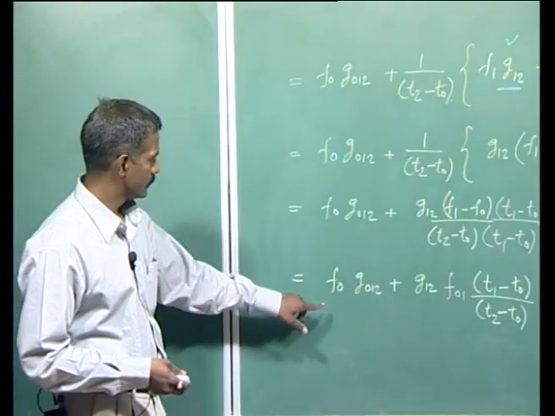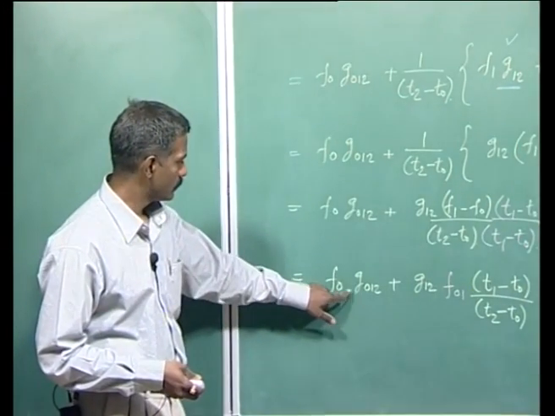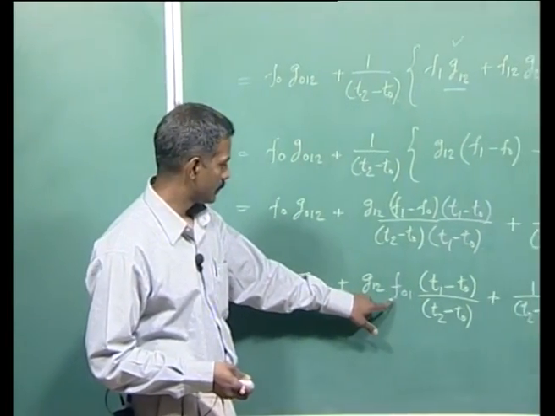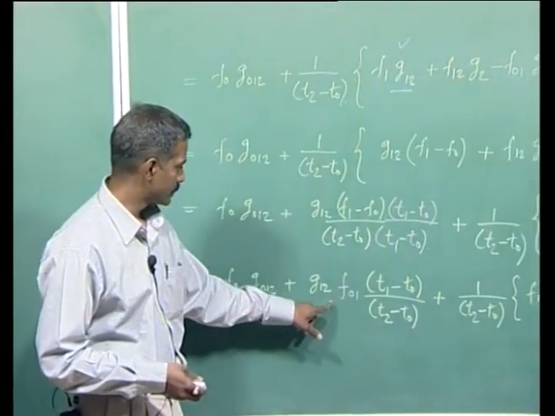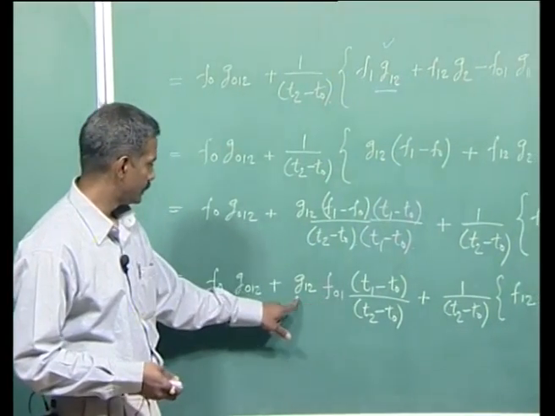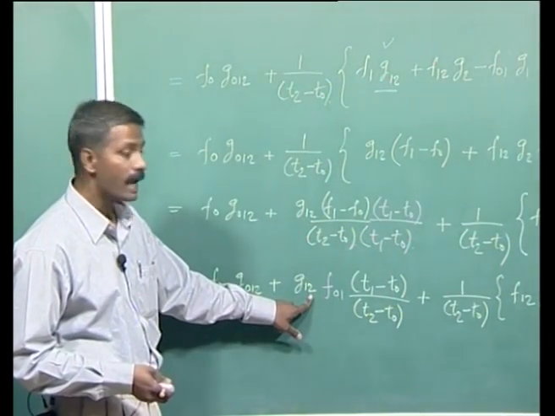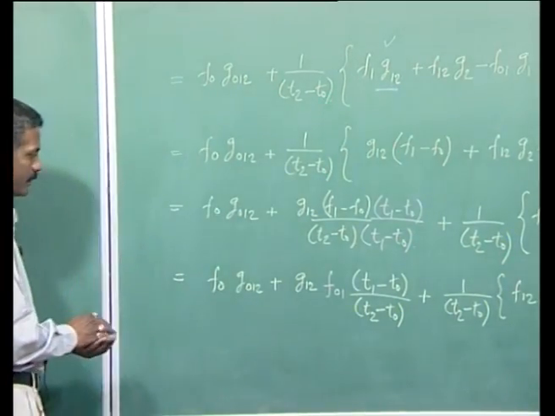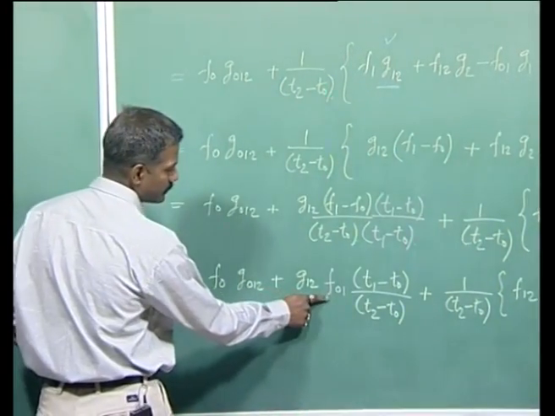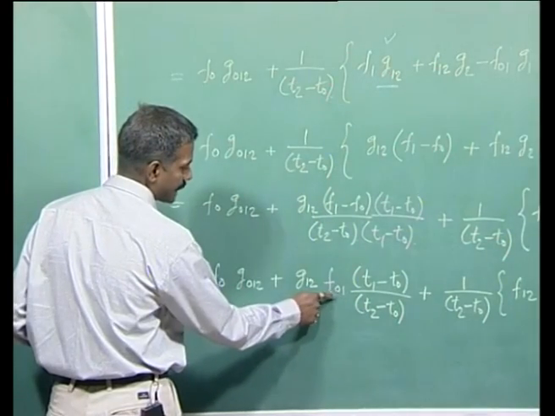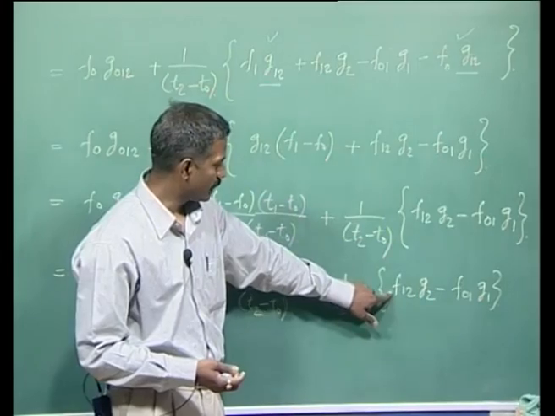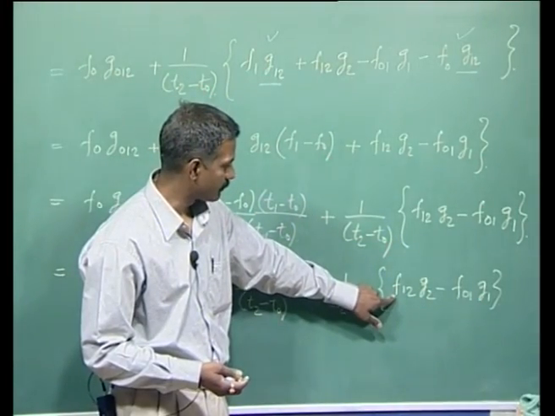What do we have? We have F0 G012 plus some constant times F01 G12, and what are we looking for? We are looking for F012, that is the second divided difference in F. How can we extract the second divided difference in F?